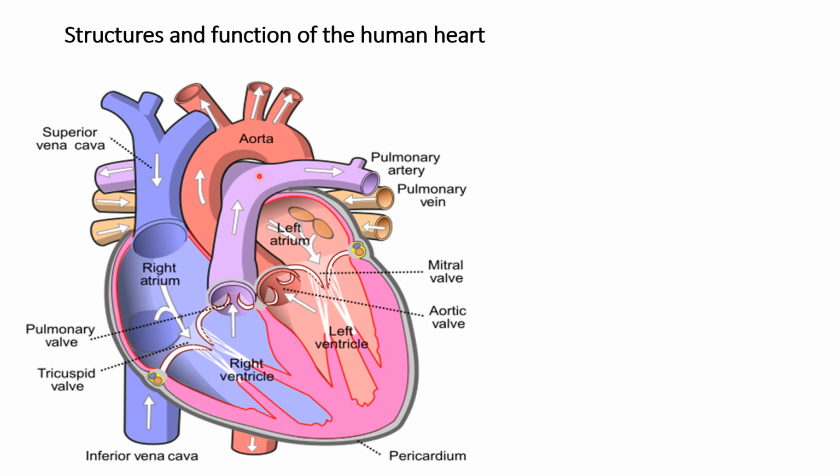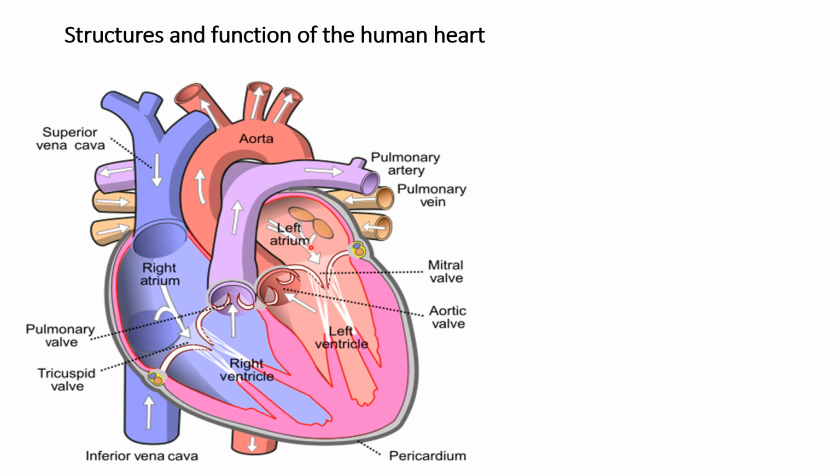The pulmonary artery, as I've already mentioned, channels deoxygenated blood into the lungs for oxygenation. Then we have the pulmonary veins at both sides, channeling the oxygenated and cleaned blood from the lungs into the left atrium.